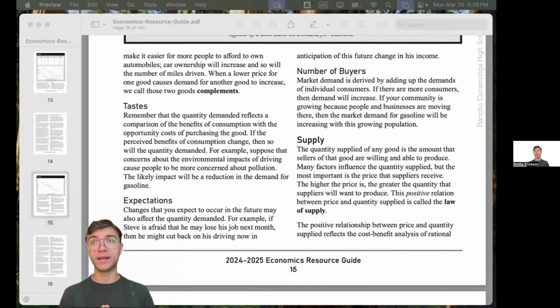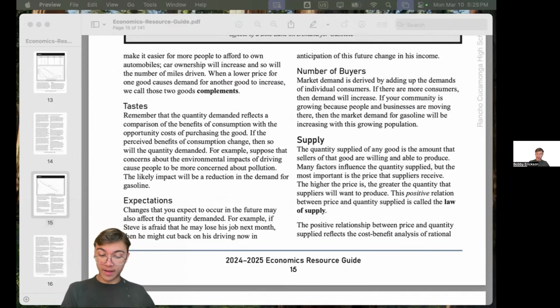I'm a big peanut butter eater, and I can say this about myself. It's a problem, really. It's an addiction to peanut butter. So if you have a better taste for something, then you will want to buy more of it.